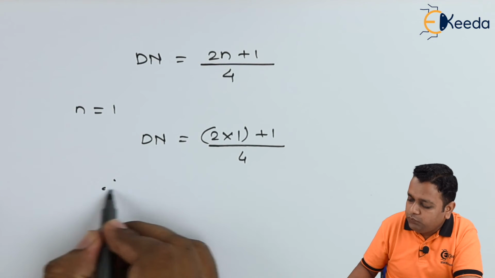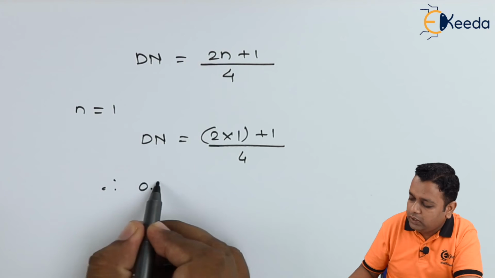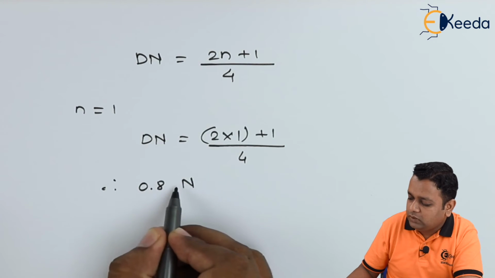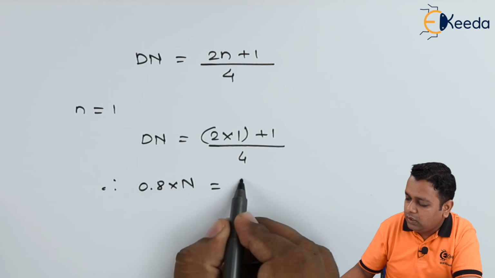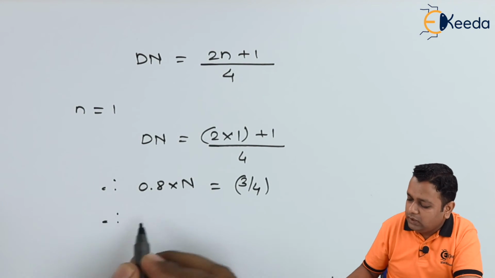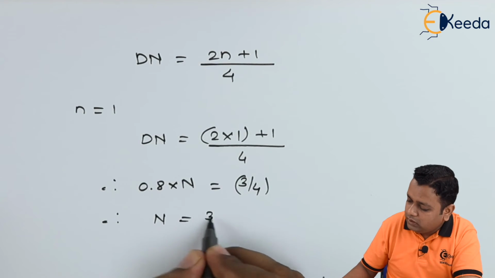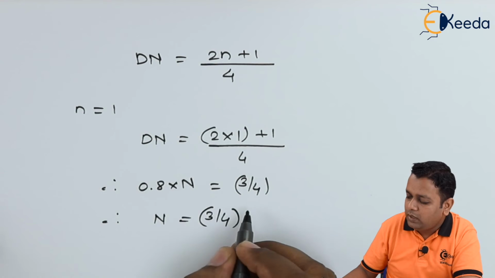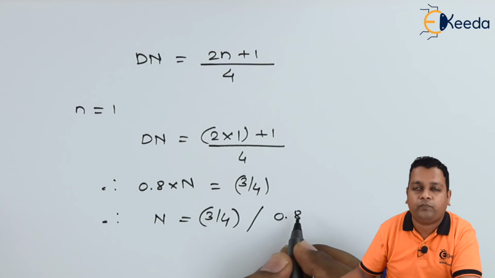If we put the given value of capital D factor equal to 0.8, the equation will be of this form. So this becomes 2 plus 1, it will be 3 divided by 4 as it is. So finally it will give us capital N is equal to 3 by 4, divided by 0.8.